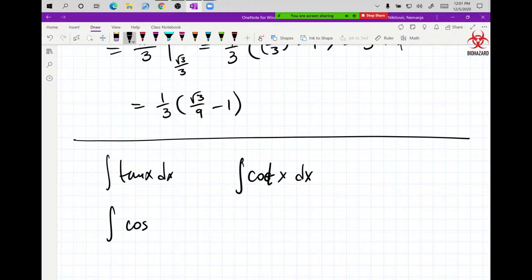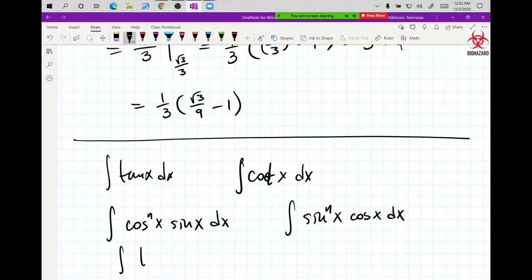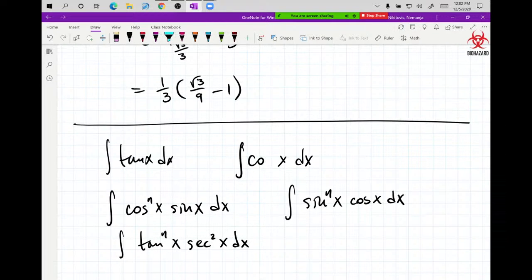Integral of cosine to the n with the given single sine, or integral of sine raised to some power given single cosine. And then integral of tangent raised to some power given secant squared x dx, because that's a basic substitution.